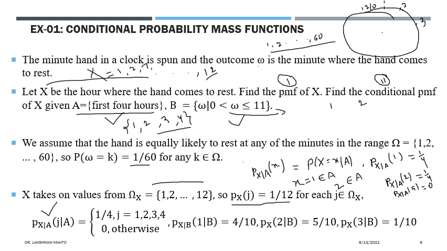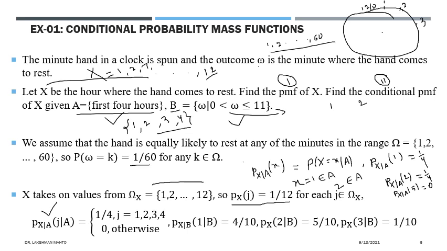Now we will calculate another conditional probability mass function, due to the second partial information B. So we introduce conditioning over this one. Again x will take all 12 possible values. Now do we see any common thing between this value of x and B?